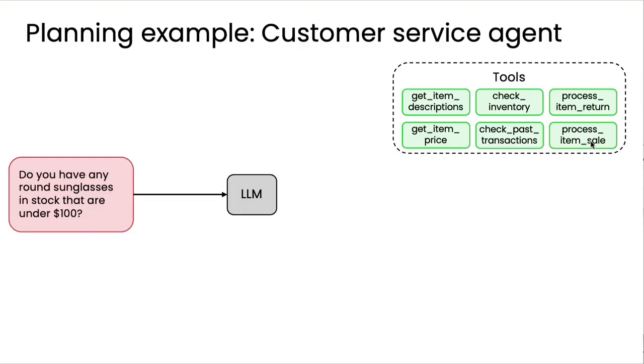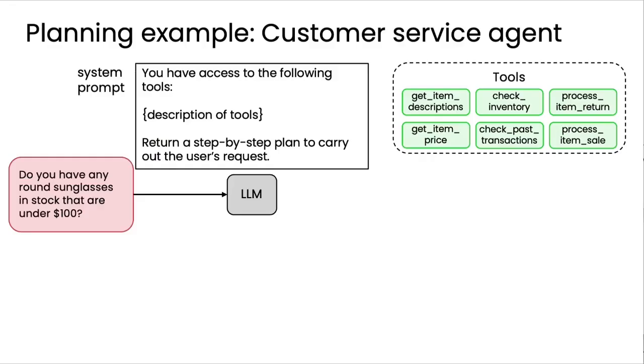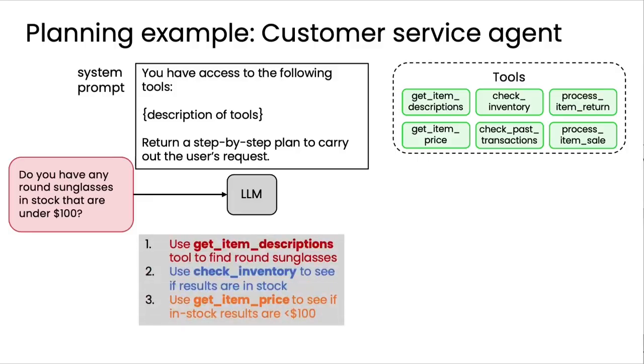In order to let an LLM figure out what's the right sequence of tools to use to respond to the customer request, you might then write a prompt like this. You have access to the following tools, and you give it a description of each of the, say, 6 tools or even more tools that the LLM has, and then tell it to return a step-by-step plan to carry out the user's request.